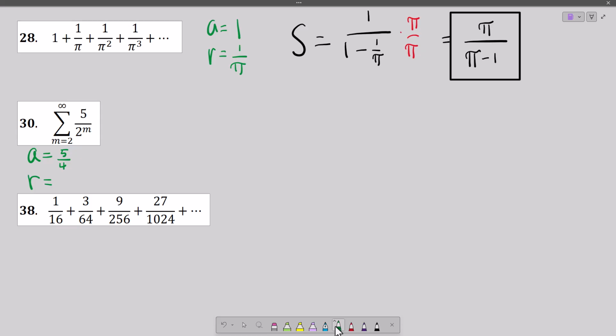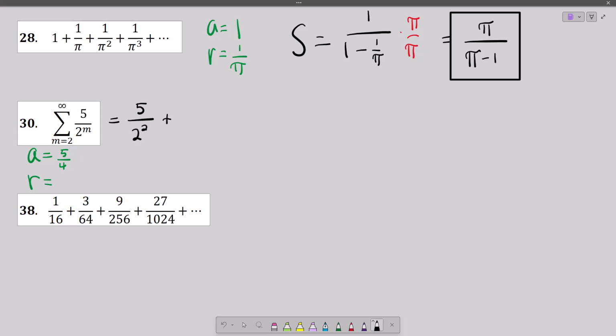Now, how about R? What do we think R is? 1/2. Yes. If it's not obvious, write out your first few terms because then it will be obvious. So plugging in the 2 gives us 2 squared down here.